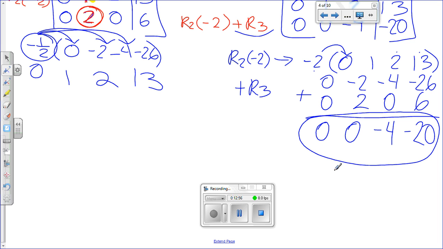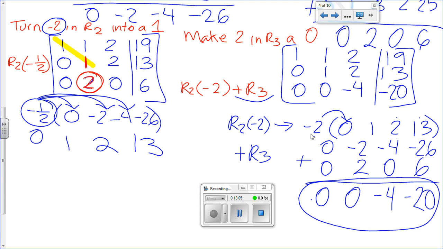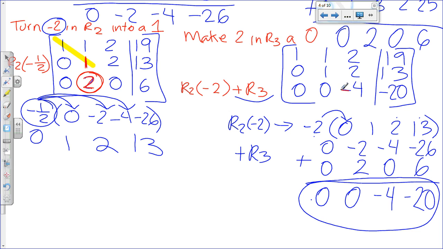Now, from here, we're almost done with it, right? Except that we don't have that last one in the main diagonal. What do we have instead? A negative 4. And so we wish that was a 1. But that is very simple.